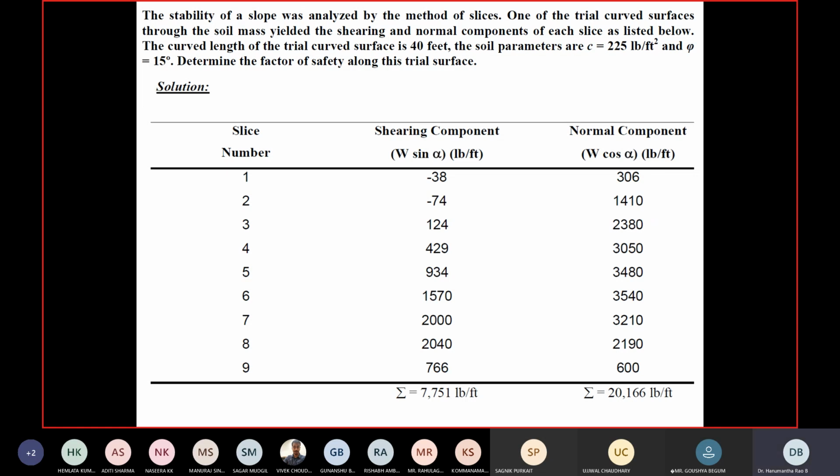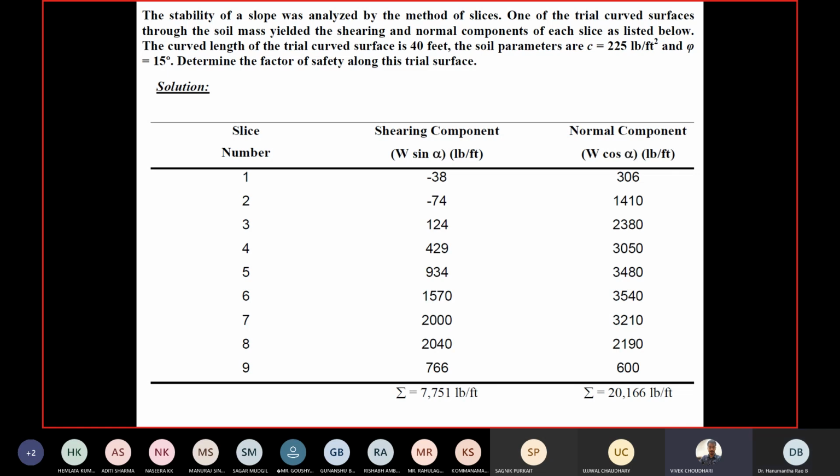Can anybody tell me what is the equation for determining the factor of safety in this case? The length of the slip surface is given, so we can use that with c L plus the summation of W cos alpha for the numerator, W cos alpha into tan phi.